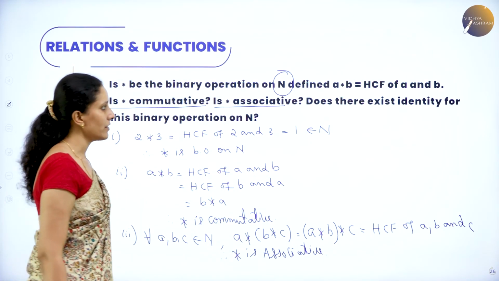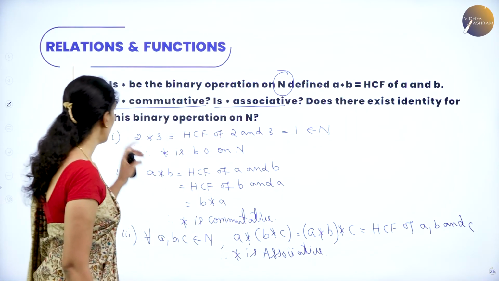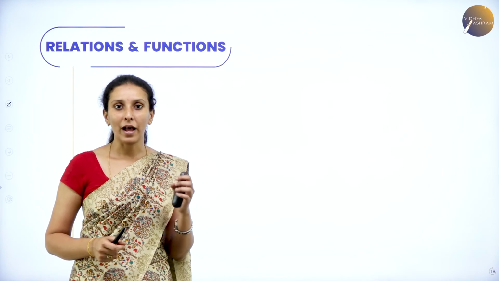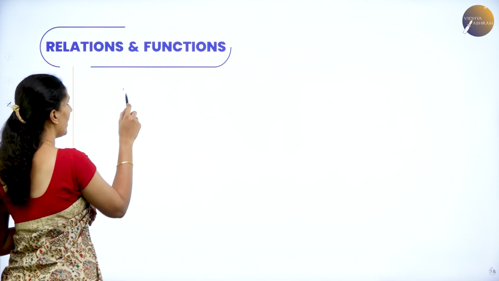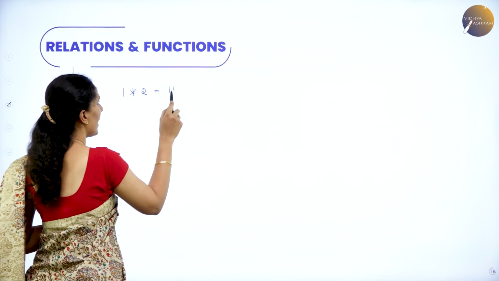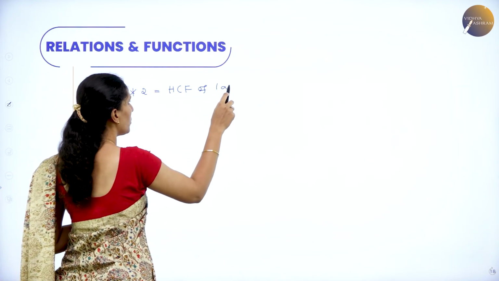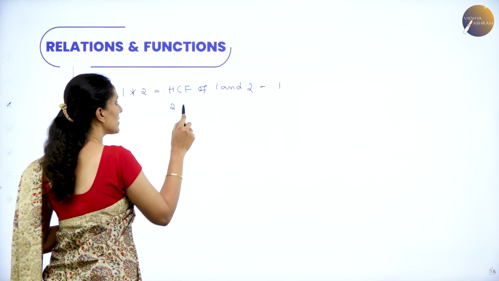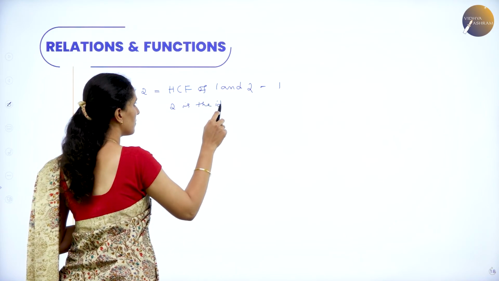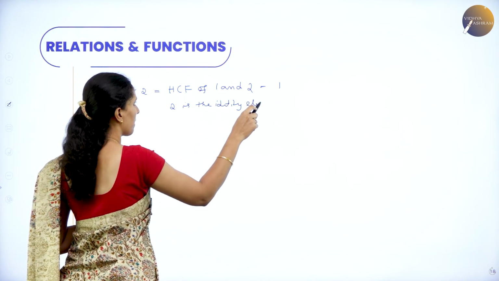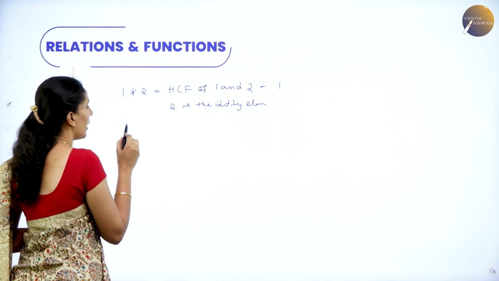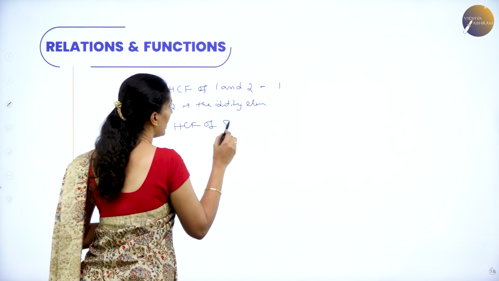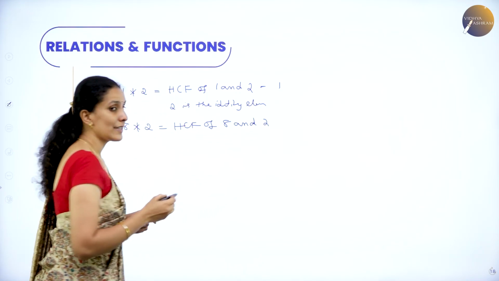The last question is, does there exist an identity element for this binary operation on N? So it is not possible for any element to have the same identity element. For example, if I take 1 star 2, it means HCF of 1 and 2. So it is 1. So that means I can say 1 is the identity element. But when I take 8 with 2, which is nothing but HCF of 8 and 2, what is HCF of 8 and 2?